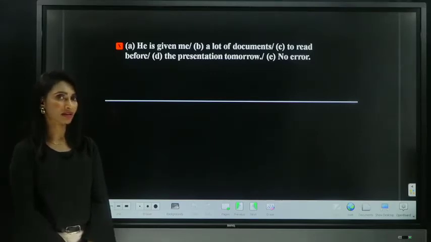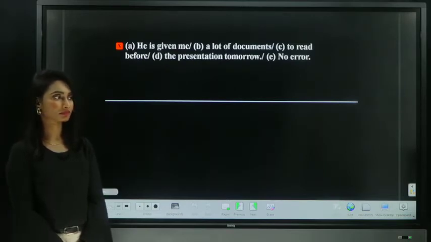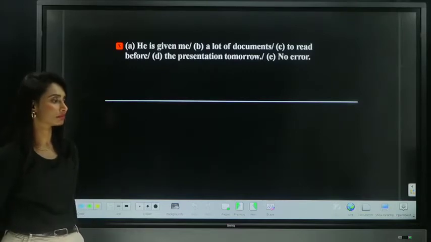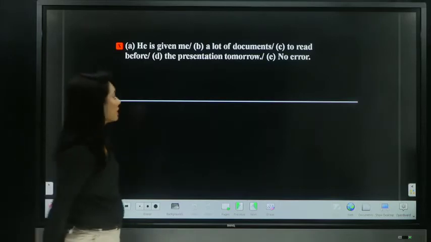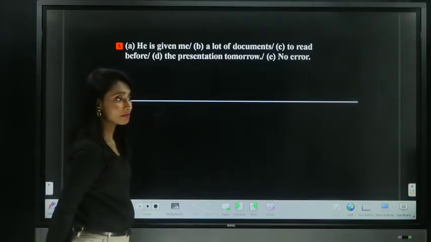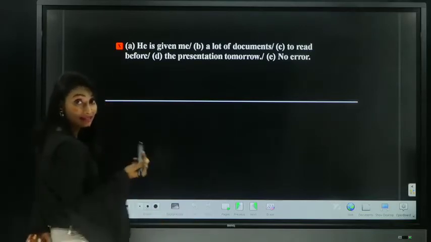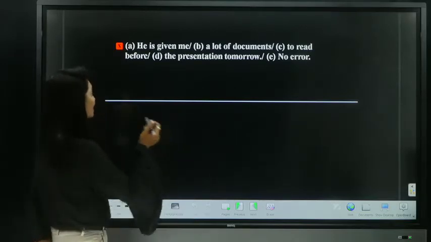Quick guys, what is the error here? Option A is right, Swapna, right, Angela, you're right, guys. So yes, Sunny, but give answers also, guys, not just the option.